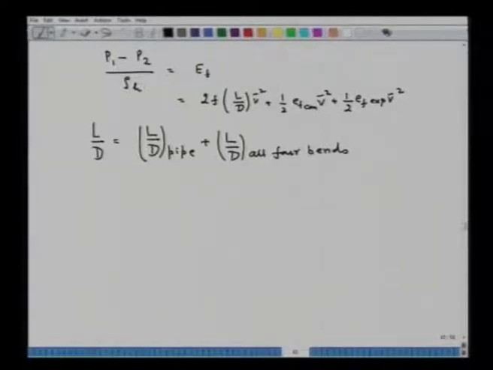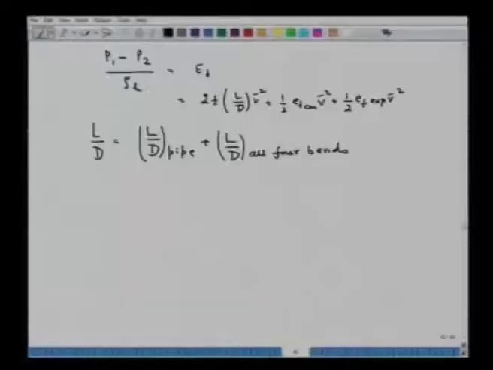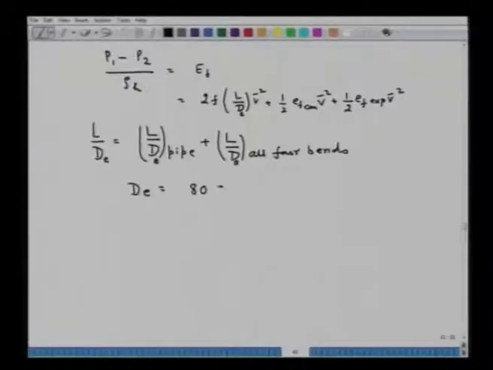So first of all we have to calculate, because it's a rectangular cross section, how will you do it? So first you have to calculate. So here instead of D we will be putting DE, here also DE, so here also DE. So that is what we have to do it, and this is also here DE. So we will calculate first of all DE, you know already. So I am leaving some calculations for you. I am straight away writing DE will be equal to 80 centimeter.